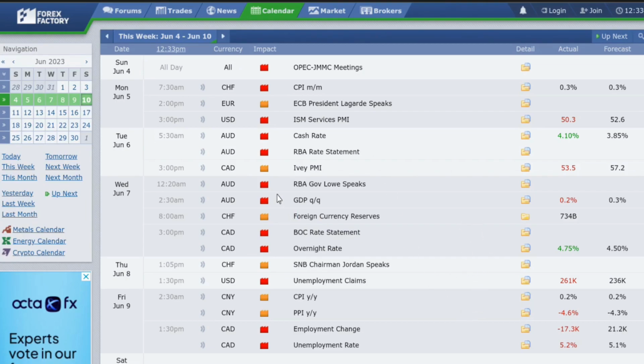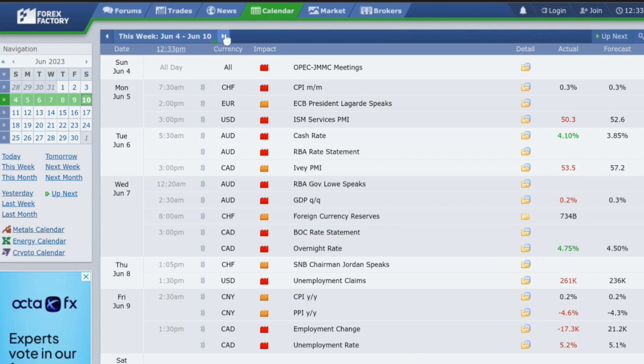So we have EUR which moved massively to the downside, and the better than expected overnight rate, and then the unemployment claims which came out below expectation, and then the US services PMI which came out below expectation dragged the US dollar lower over 200 to 300 pips during last week. So that was all for last week.